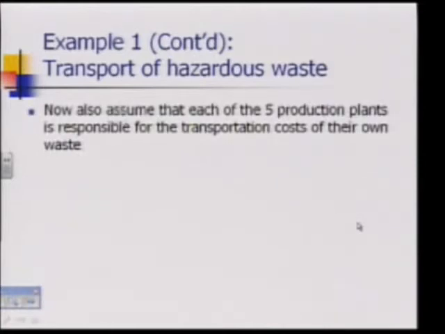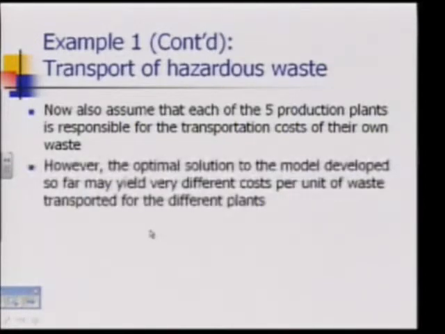Now let's also assume that each of these 5 production plants is responsible for the transportation cost of their own waste. What does that mean? Okay, so that's a different consideration we have to think about. For instance, maybe we need to change the optimization problem completely, or maybe we need to study some other aspects, like changing the objective function or changing the constraints.